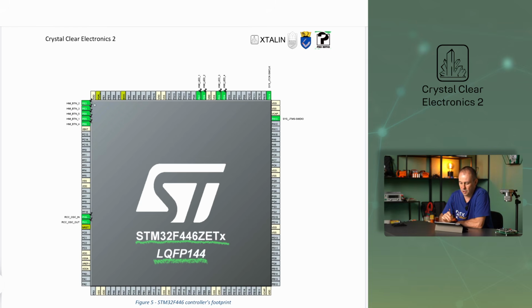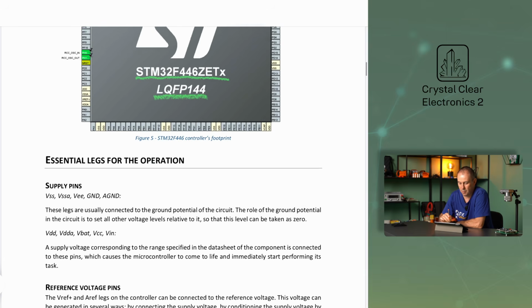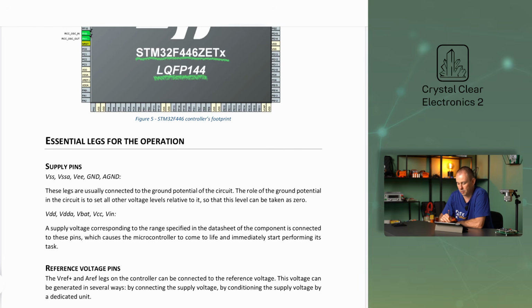Among the pins essential for operation, the power pins are the most commonly used. They can be divided into two categories. The first group includes the following: VSS, VSSA, VEE, GND, and AGND. These legs are usually connected to the ground potential of the circuit.